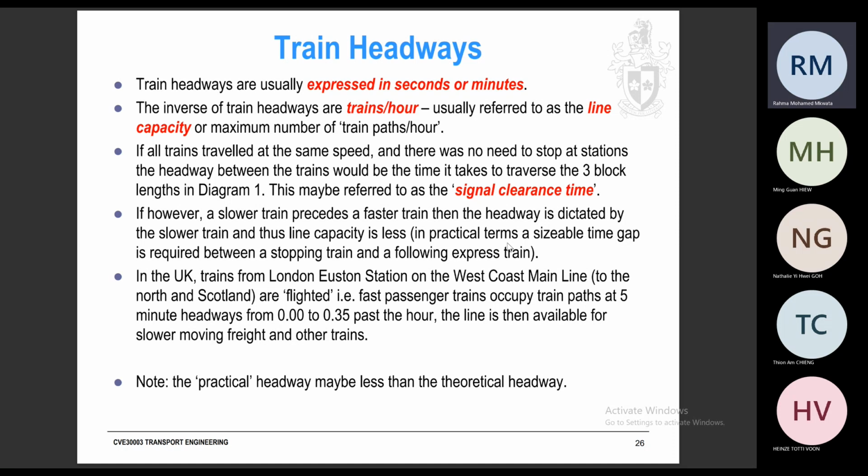So signaling will also need to take into consideration the time taken for each train, not only the time between 2 trains, but also other timings that are involved in the train operation all at once. One is headway between the trains.